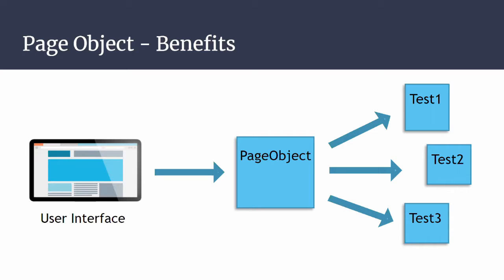Today we will see the third video of the series of test automation patterns. In the last video, we saw the benefits of the page object, and today we will see the problem with the page object, the disadvantages of the page objects.